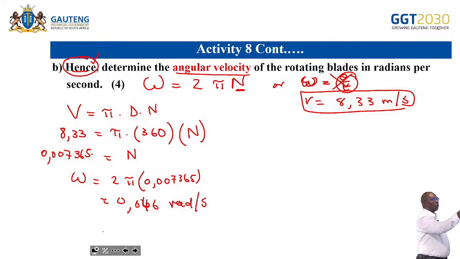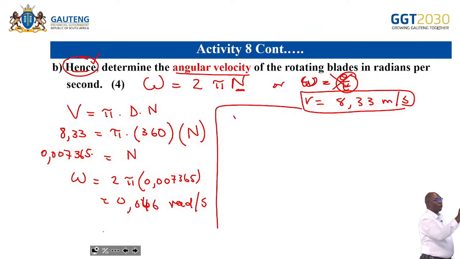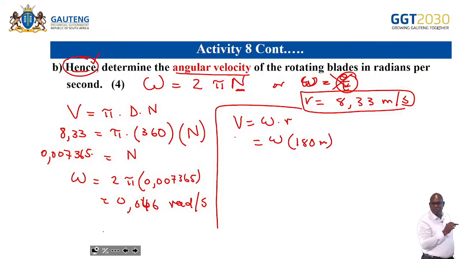The other formula that I can use there is V equals omega multiplied by the radius. Okay, so now I can get my omega. I have my radius as 180 meters, and I've got my velocity there, which is 8.33.